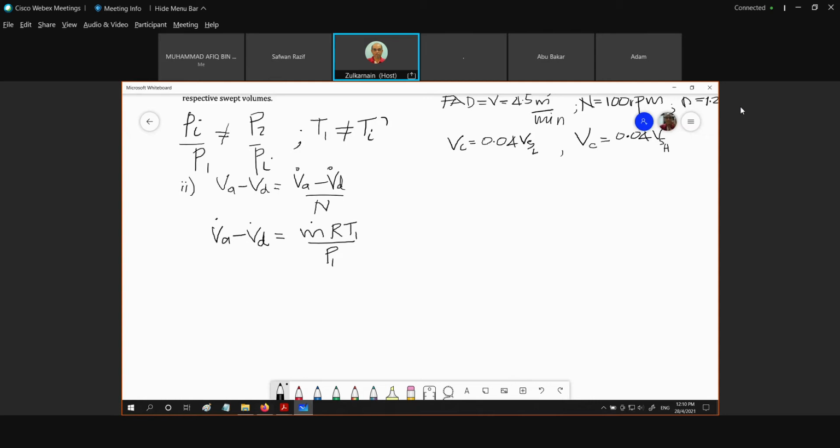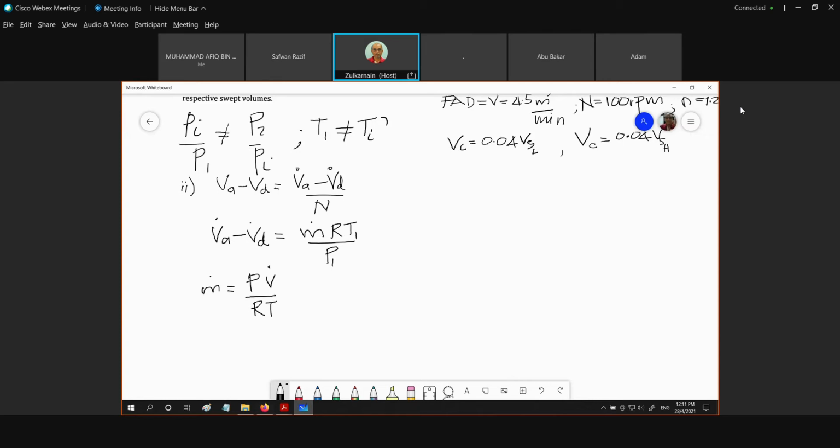And then we need to get what is our m dot. The m dot we could get from the free air delivery condition, which is equal to PV divided by RT. Okay. So based on this, sorry, this is V dot.